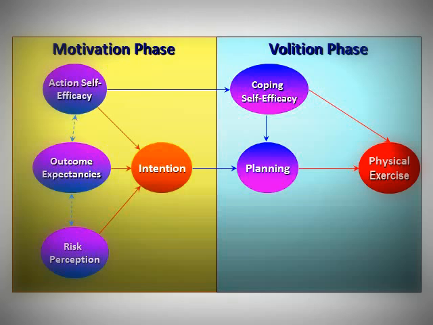The main focus of the HAPA framework is not to account for more and more behavior variance by adding more and more predictors. Rather, its main focus lies in understanding the mechanisms of health behavior change. As you will see in a moment, the mediating role of the volitional factors is an important feature of the model.